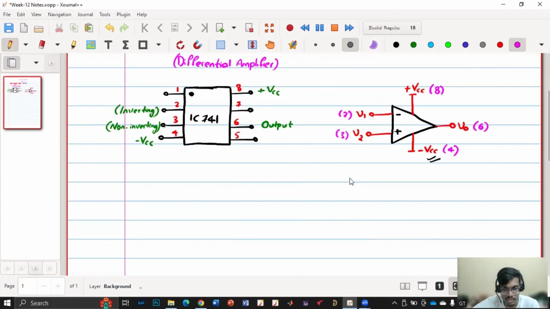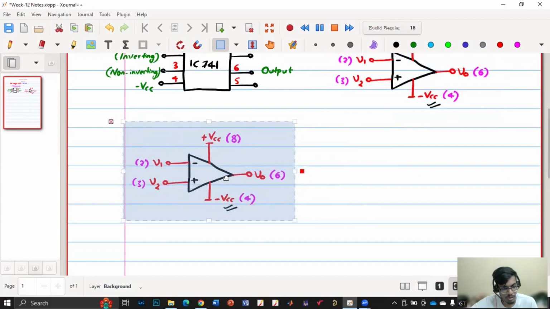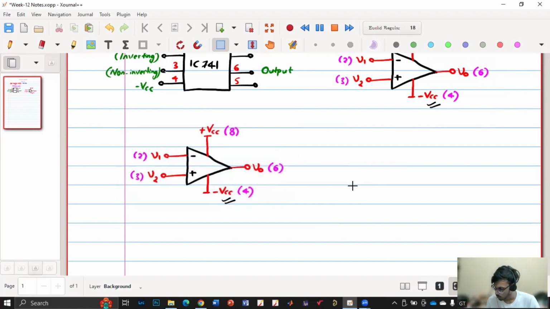Okay, so this is just the representation of the op amp. But how does this op amp work? Let me just copy this. Basically, it works like a differential amplifier. So depending upon the input, the output will vary.